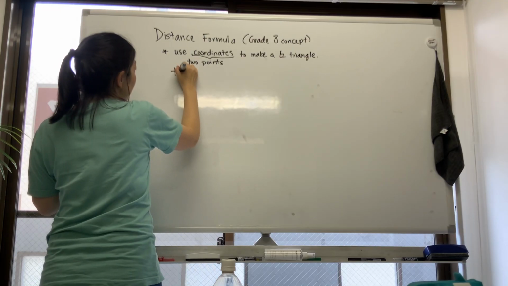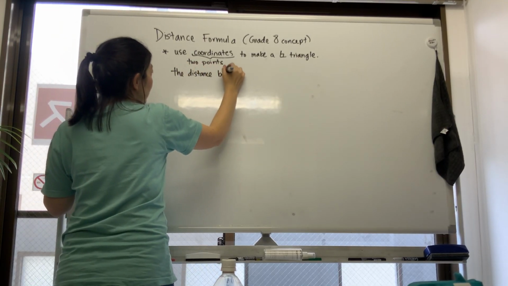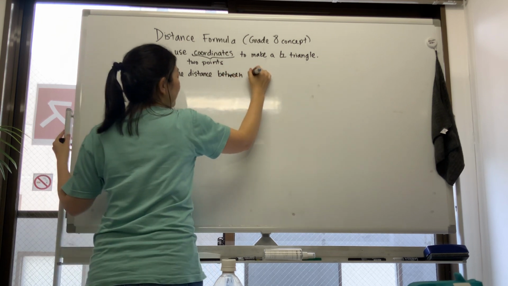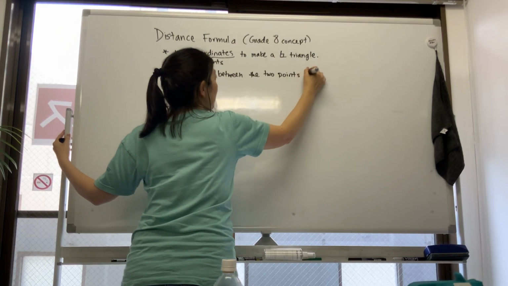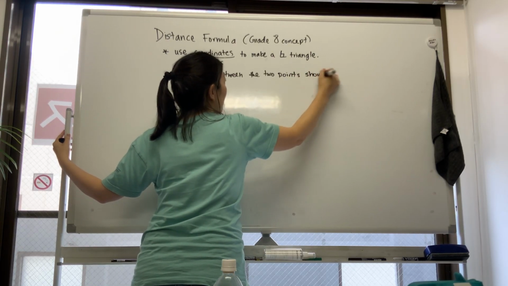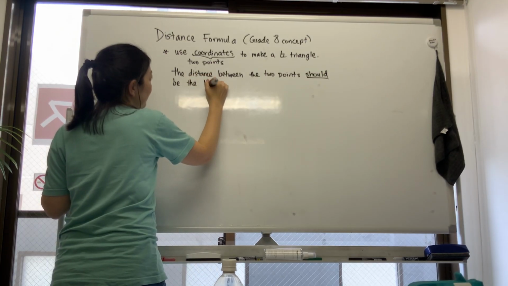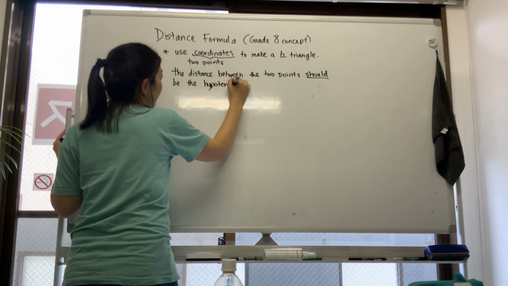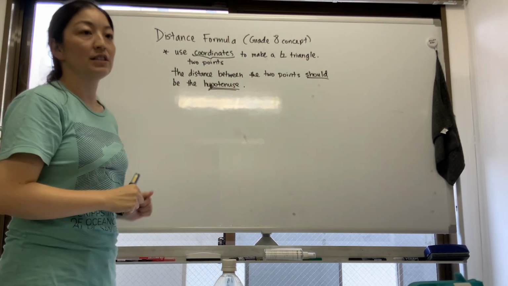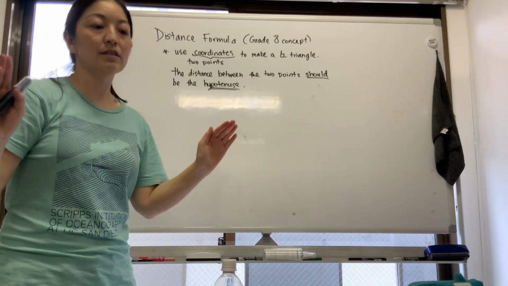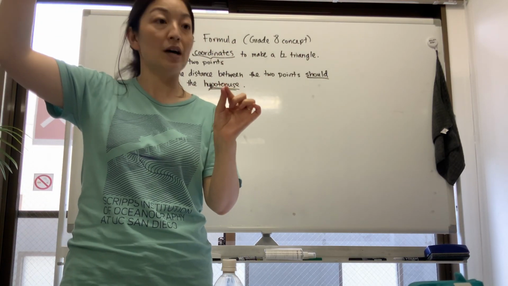The distance between the 2 points should be the hypotenuse. This is like the key concept behind the distance formula. Any 2 points on any line on any graph can be made into a hypotenuse.